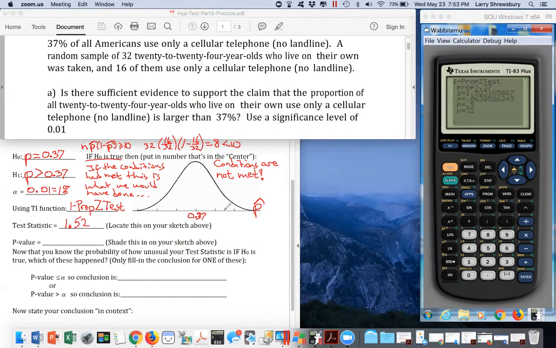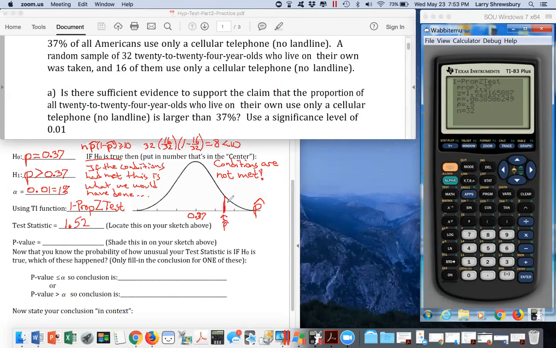That's 1.52 of these tick marks. So it's right there. That's where our sample proportion landed, our p hat. This p hat right there of 0.5 landed right there. 1.52 standard errors.